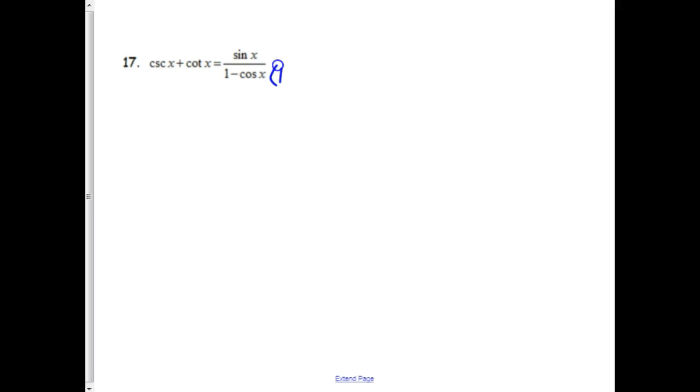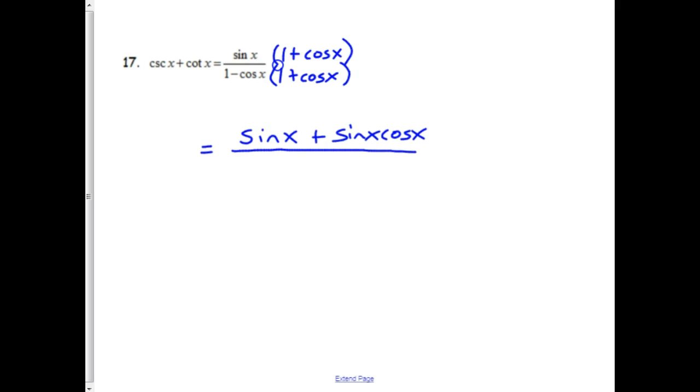So this would be like 1 plus cosine x times 1 plus cosine x, just like that. Let's see where that takes me. So this would be sine x plus sine x cosine x, right? Divided by, okay, well those are the same except for different signs, so that would just give me 1 minus cosine squared x, right?